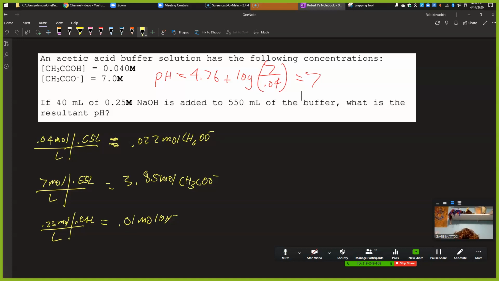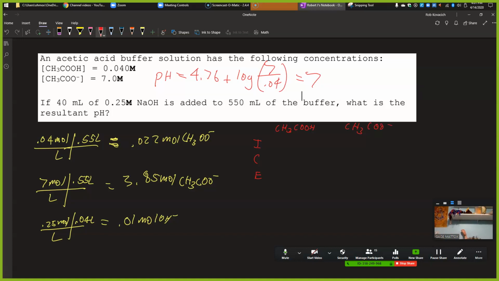Okay. So then we have to build something called an ice table. The ice table is initial, change, and then at equilibrium. I'm going to have acetic acid here and acetate here.